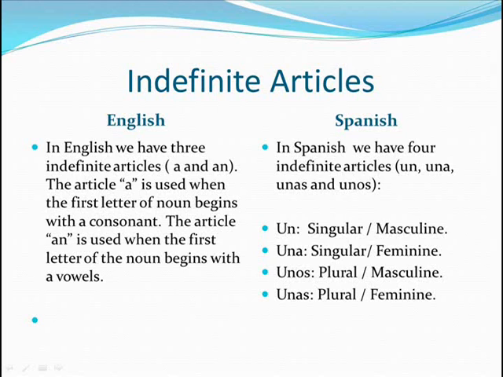In Spanish, we have four indefinite articles: un, una, unas, and unos. Un is for singular and masculine. Una is for singular feminine. Unos is for plural and masculine, and unas is for plural and feminine.